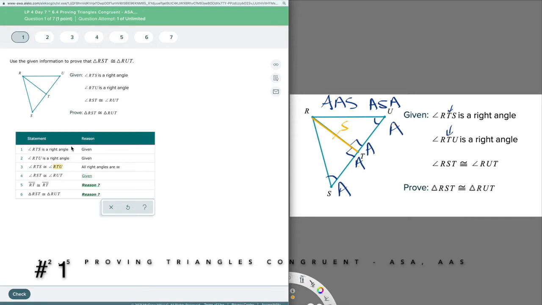So I have to state that they're right angles first, then I can define what right angles are and what that means for my diagram. So socks, shoes. This would be an example, I could have put this first if I wanted to, because it was one of my given information. It's not going to change anything what order the given information is presented in respect to each other. So I could have done this one first, like I put the shirt on and then I put the socks on. Now I'm putting my shoes on for whatever reason.